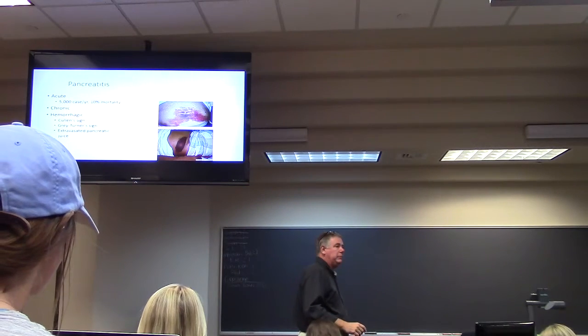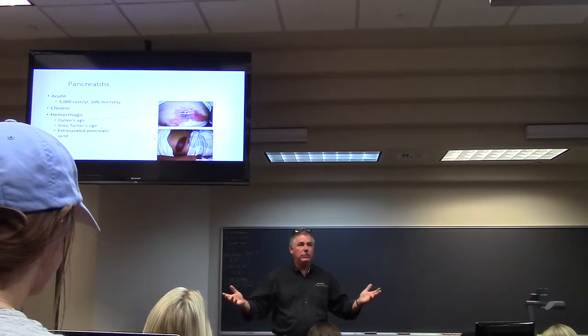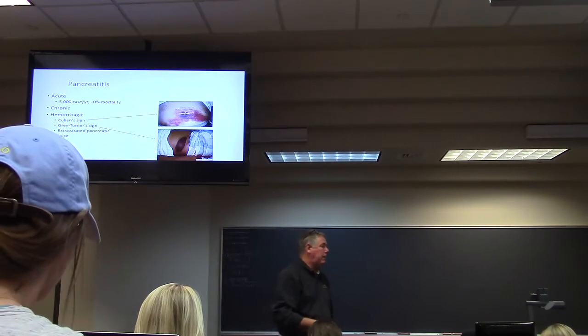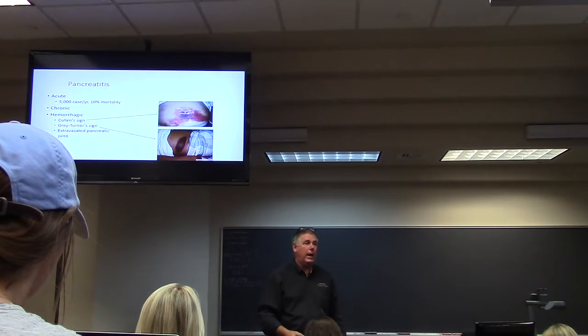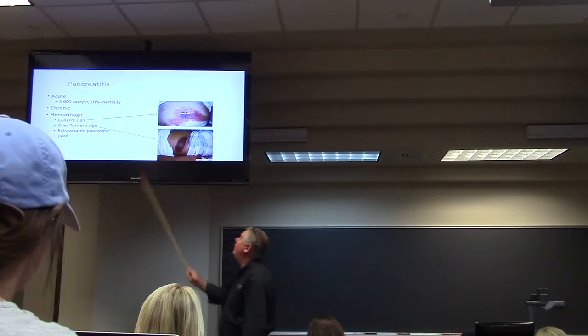As these enzymes get out into the retroperitoneum, they're digesting things along the way, the fat that we just talked about, and the blood vessels. You wind up with bleeding related to pancreatitis, and that's what you see here.